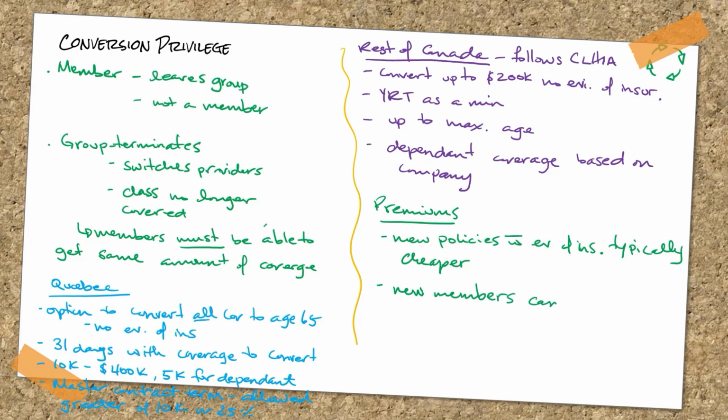It is possible that you can apply for an external policy, and if you do qualify by providing evidence of insurability and you do get approved, then you can cancel your group policy if you had decided to convert it. So that would be a way that you could help your clients save some money.